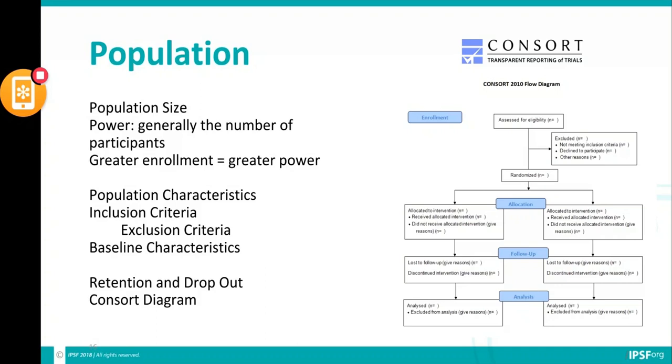And then like when we talked about population and population size, we also have retention and dropout. So oftentimes, even though you've calculated your population size needed and you enroll that many participants, unfortunately, some people are going to drop out. They're going to cross over into another treatment arm, or potentially, they could pass away or seek other treatment.